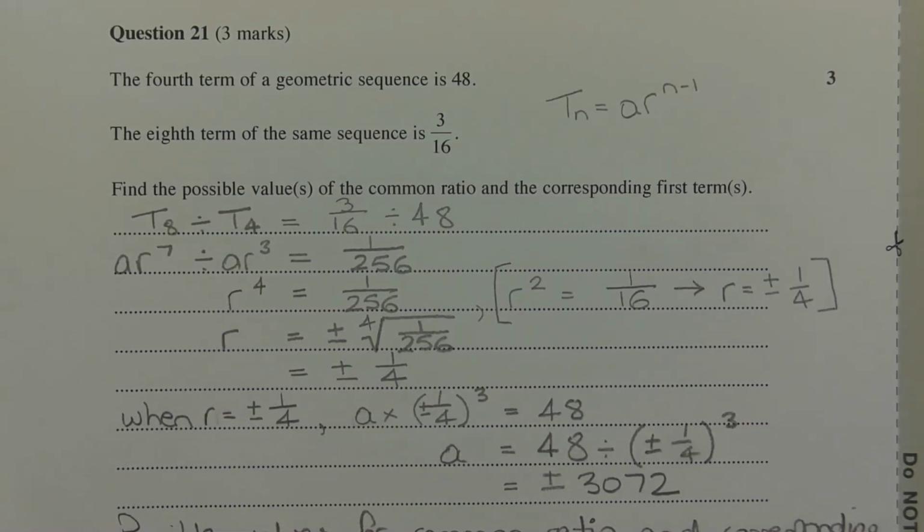Now, there are two ways then to get the common ratio r. Either we can take the fourth root of this fraction, like so, and because the index is even, or another way to think of it is it's the square of the square, we will get two values, a positive and a negative value. Another way to think of it is if we take the square root of r to the power of 4, that gives us r squared, and that's 1 over 16.